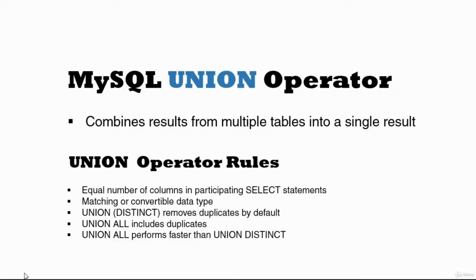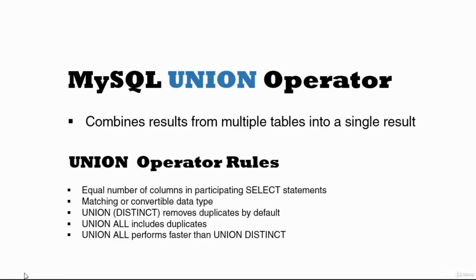They must be equal. They must also have matching or convertible data types. For example, you can't have a number in a column in select statement A corresponding to a string data type in select statement 2. So data types must match or be convertible.